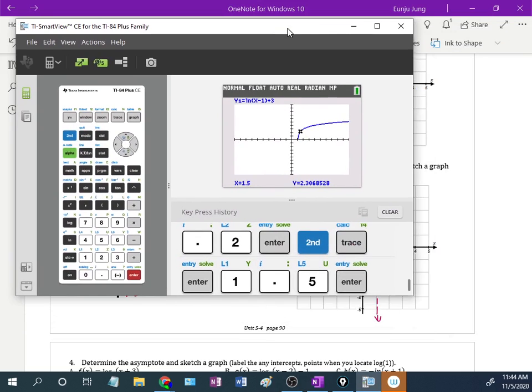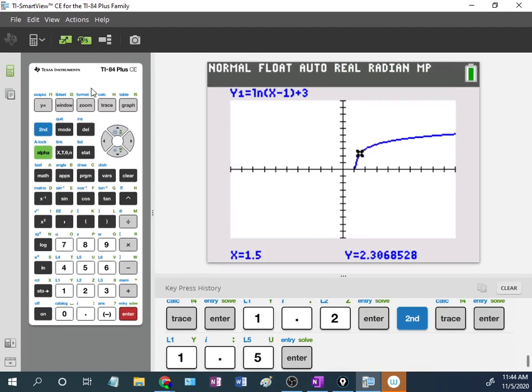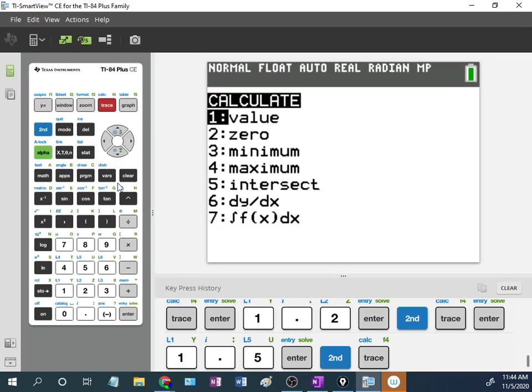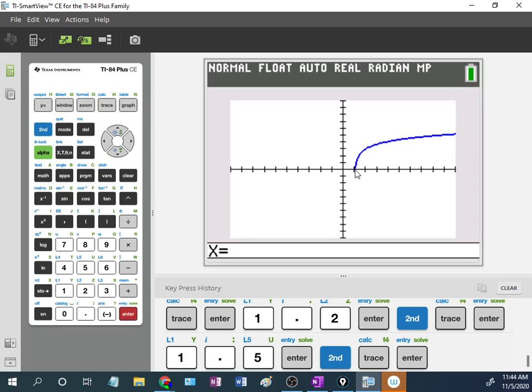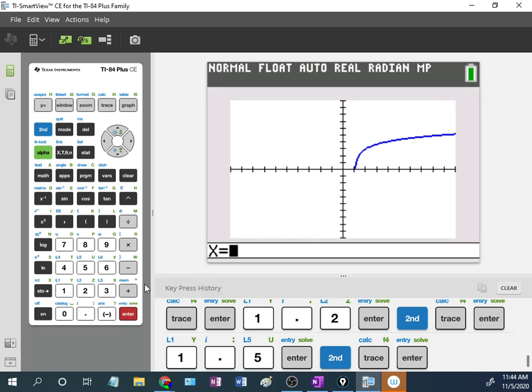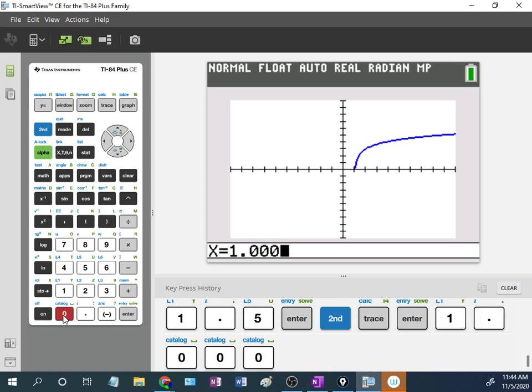And now let's test this since I know how to use the values. Second, trace, calculate, and first one, value. Can I pick a point very, very close to this asymptote from the right? That is number 1, so let's pick a number higher than 1, but very, very close. 1.00001.